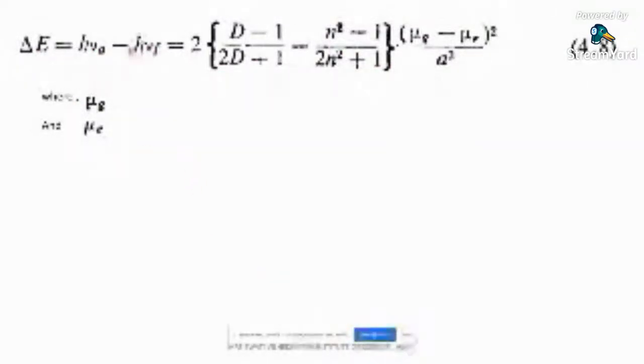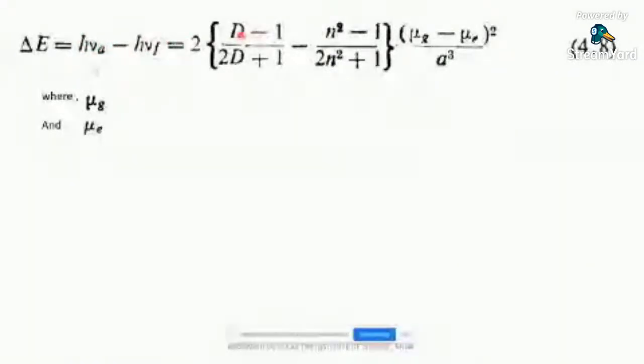Now, when you look at this, you can see delta E, the energy difference between the absorption state and the fluorescence state, that is, the absorption energy and the fluorescence energy.